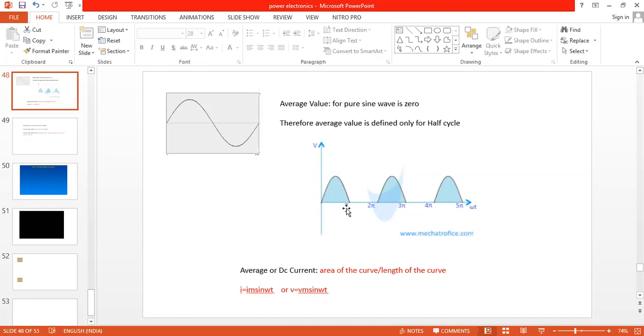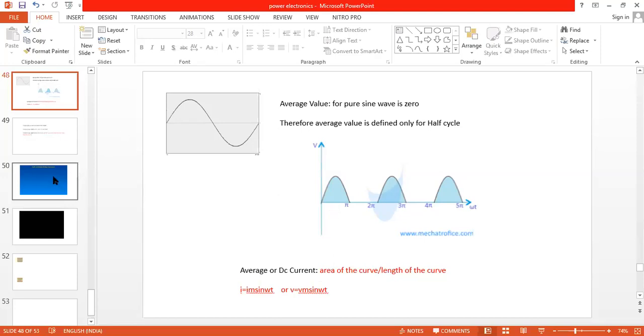So the denominator, length of the curve, is from 0 to pi, meaning pi minus 0, higher value minus lower value. So the denominator becomes pi. And what is the area? How to calculate the area? Integration. Total area we require. So integration of V of t dt. What is the formula of V? Vm sin omega t d omega t. So that equation we keep here.